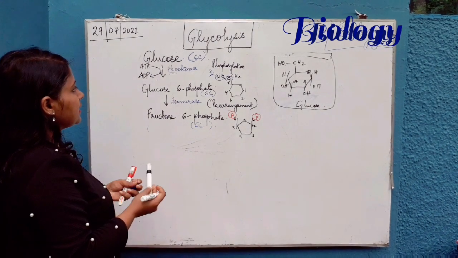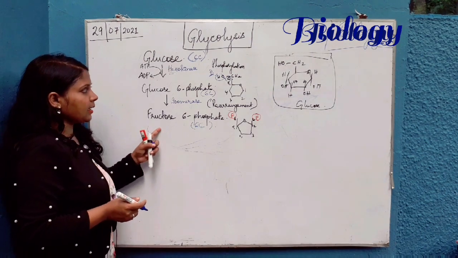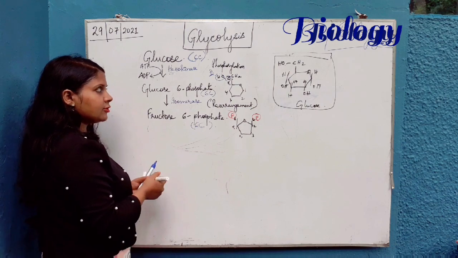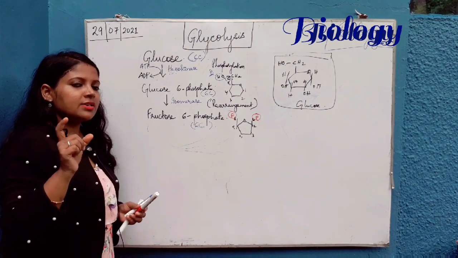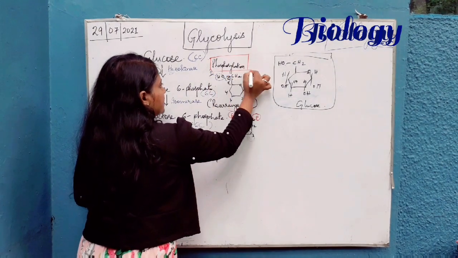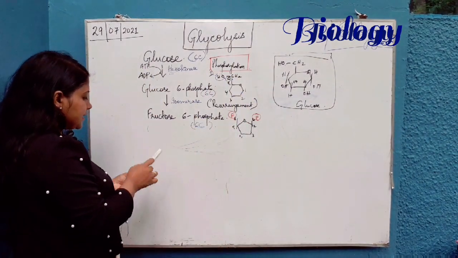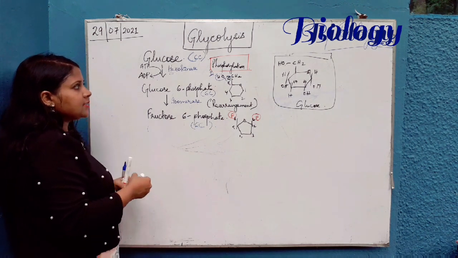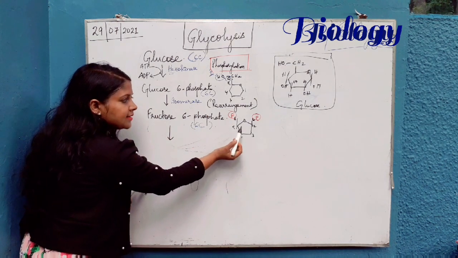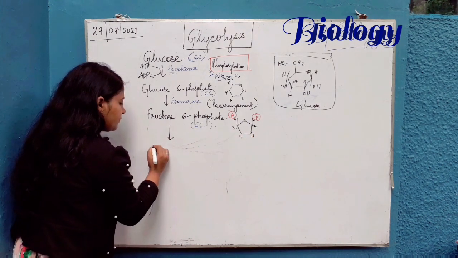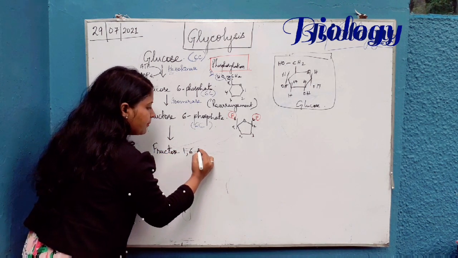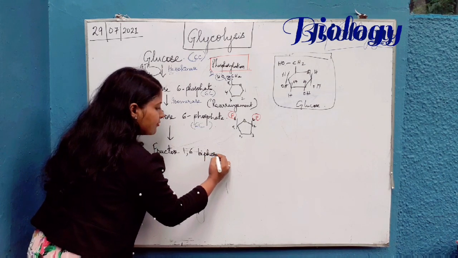Now what is the next step here? In the first step, phosphorylation has been done. Phosphorylation means the phosphate is added to the compound. Now the second process is again phosphorylation, because I am going to add a phosphate here. So fructose 1,6 biphosphate or diphosphate.